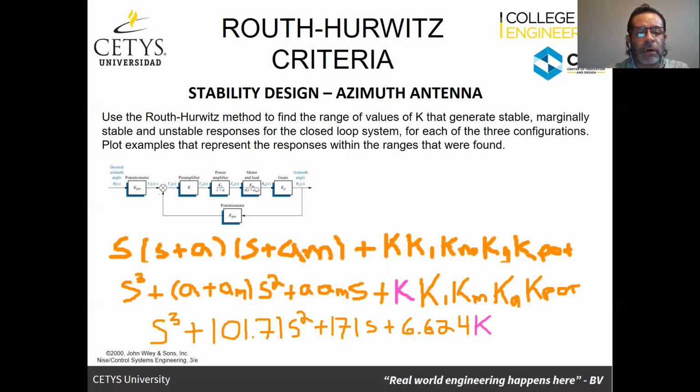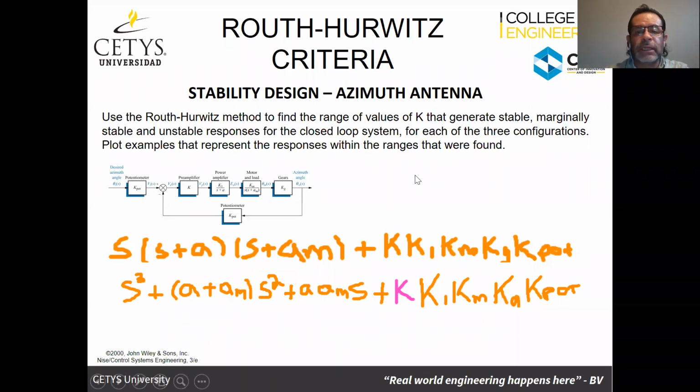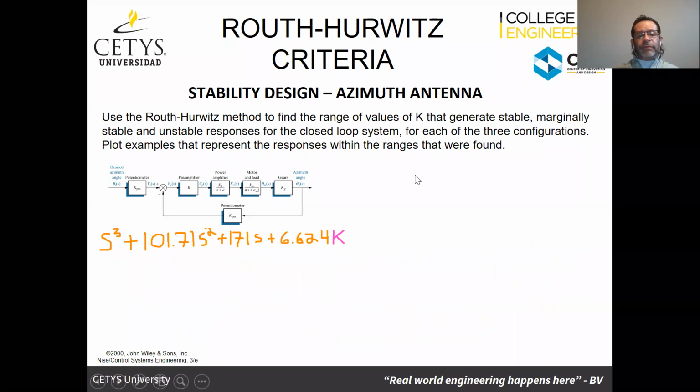Okay, now that we've got our characteristic equation, we can continue to do the Routh-Hurwitz tabulation. We're going to go to the next slide.